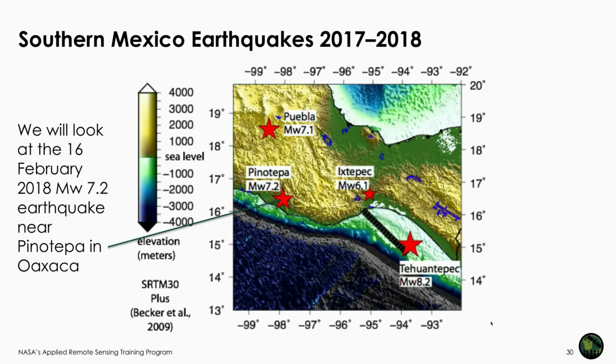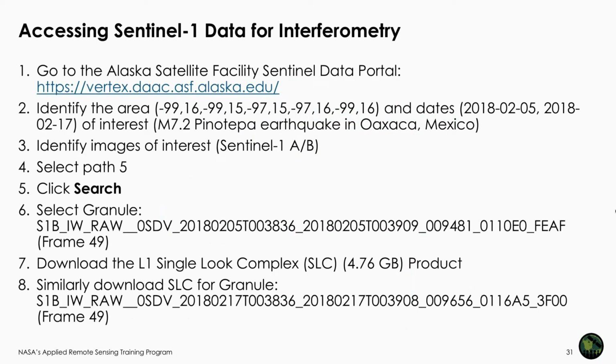In September, there were 3 other earthquakes, an 8.2, a 7.1, and a 6.1. And then in February of 2018, there was a 7.2 near the city called Pinotepa Nacional in Oaxaca, Mexico. And that's what I'll be talking about today.